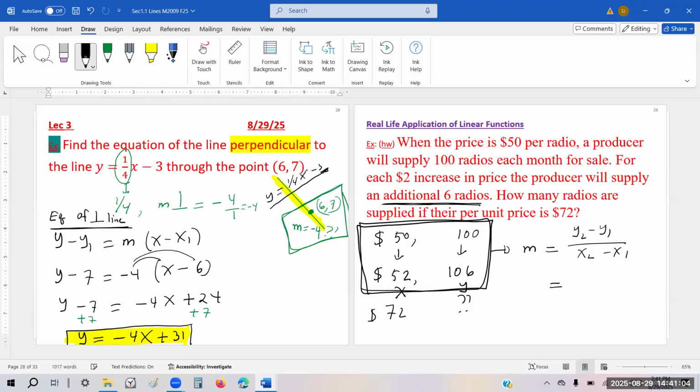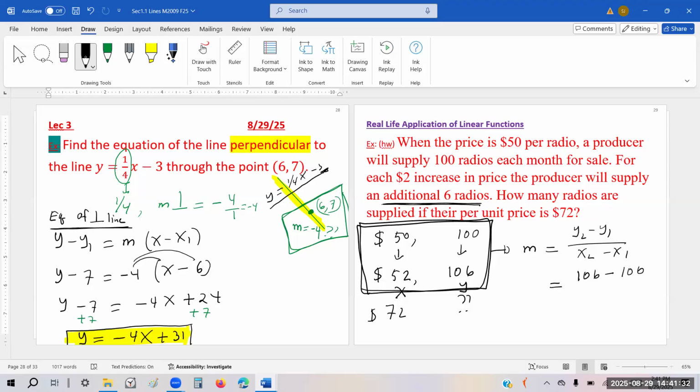So how much do we have? What minus what? What are the y's you have? Come on, guys. Am I talking in Greek language? We have y2 minus y1. What do we get from here? We have y values 106 and 100.